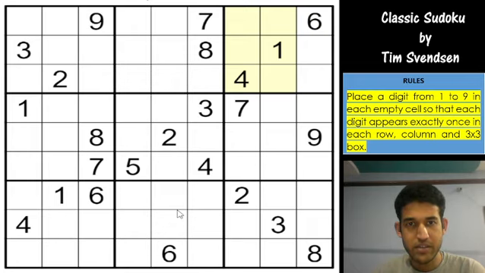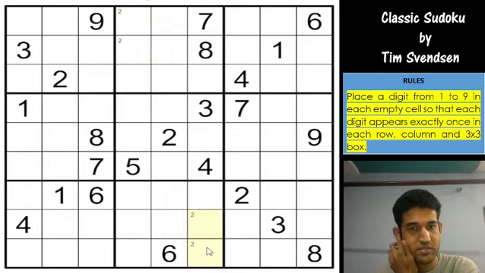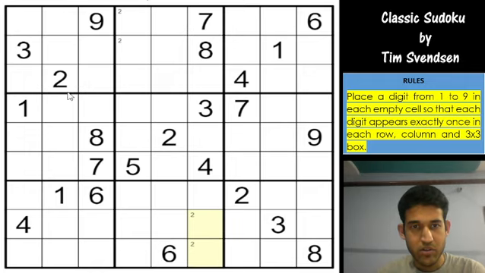Okay, so as usual, we'll start with the normal stuff. 2 is in row 3, 2 is in column 5, and that gives me 2 in one of these two cells, and which means that 2 in column 6 goes in one of these two cells. Okay, 2 in box 4, this is box 4.